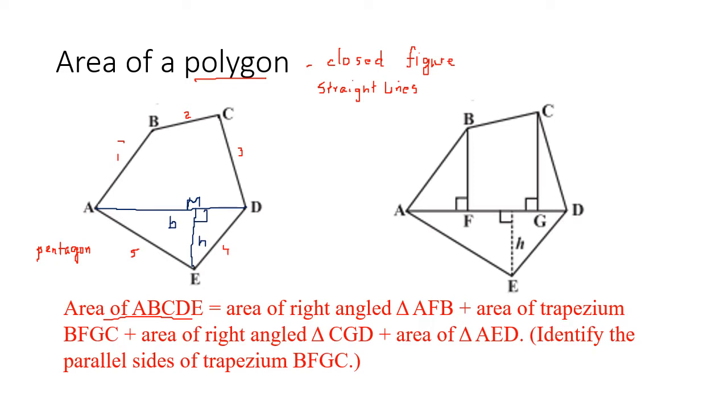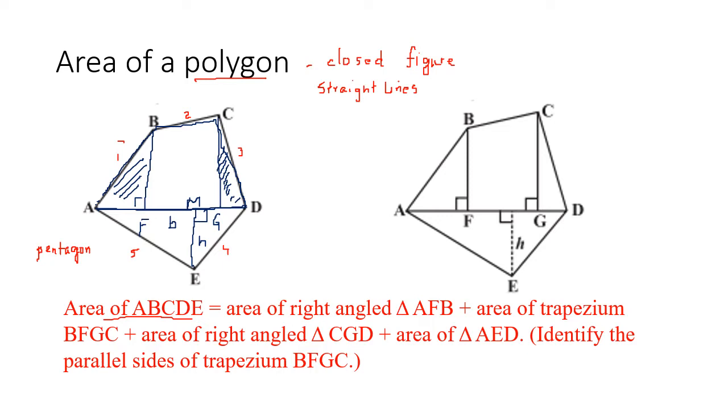What remains is now the quadrilateral ABCD. That quadrilateral ABCD is also broken down into convenient shapes. So ABF is a triangle, CGD is another triangle, and BCFG is a trapezium.